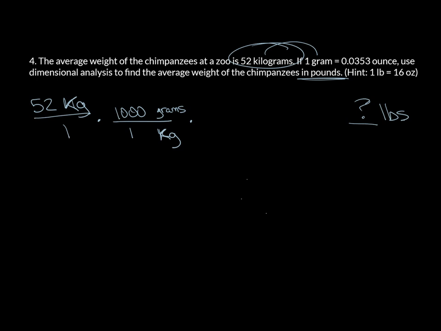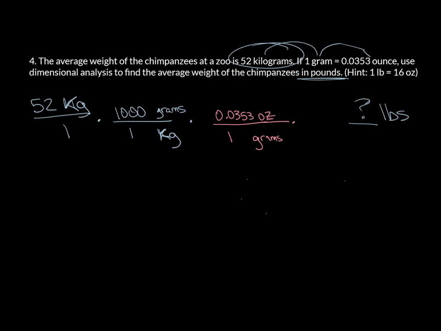Next, I'm going from grams to ounces. Again, I want to cancel out grams, so it needs to go in the denominator, diagonally across from where it is. In the problem, it tells you 1 gram is 0.0353 ounces.